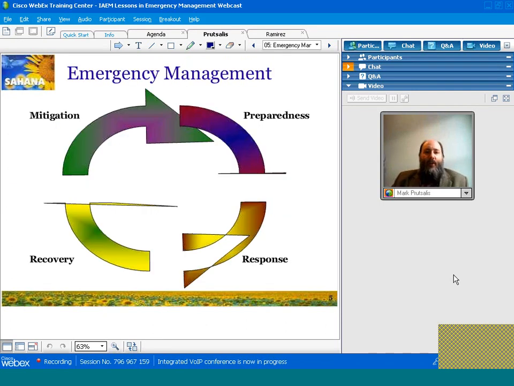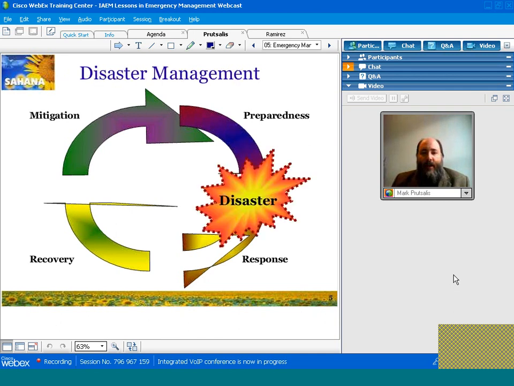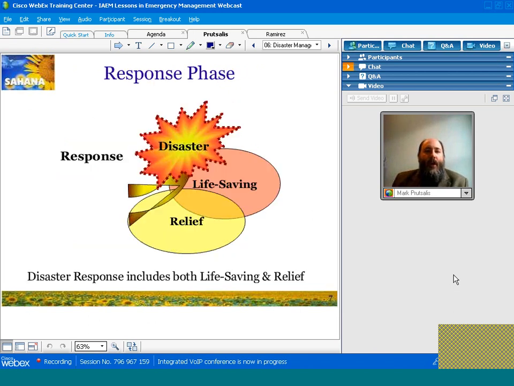This is not rendered too well on here, but the typical cycle of emergency management is mitigation, preparedness, response, and recovery. So when a disaster occurs, that disrupts that cycle, and we have to deal with the immediate aftermath. So what I wanted to do was break down, apologies, the graphics didn't show up quite perfectly, but that response phase to a large natural disaster like the Haiti earthquake really combines two distinct sets of activities.